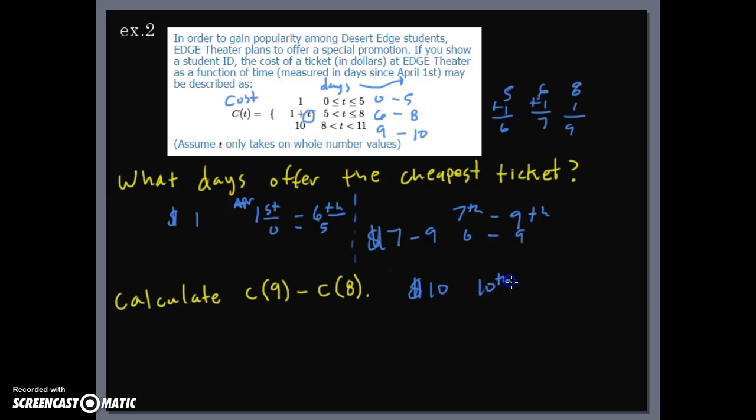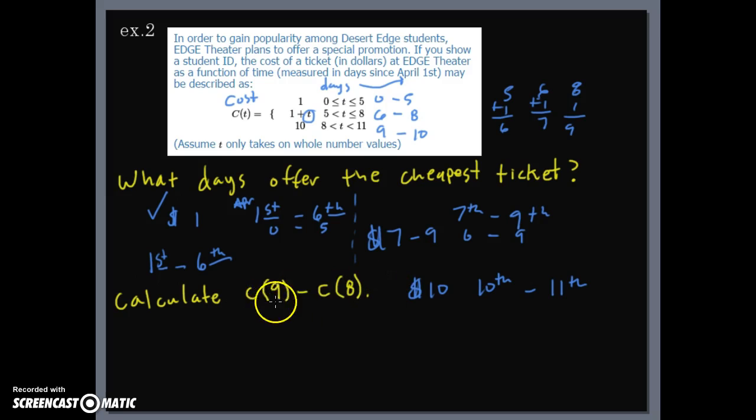So from the 10th all the way to 10 plus 1 would be the 11th. From the 10th to 11th, it's going to cost us $10. So which one has the cheapest option? From the 1st to the 6th would be our answer. Go ahead and calculate C of 9 minus C of 8.